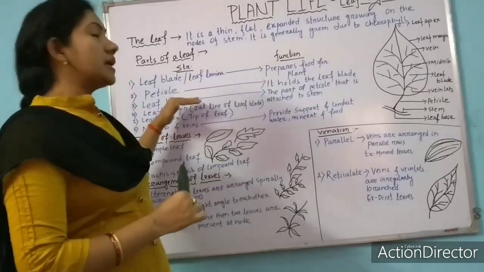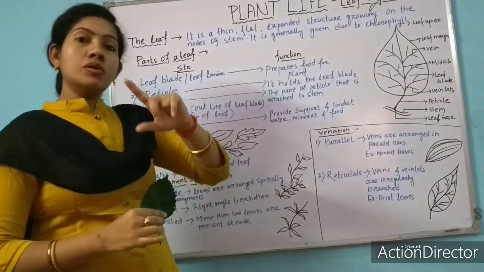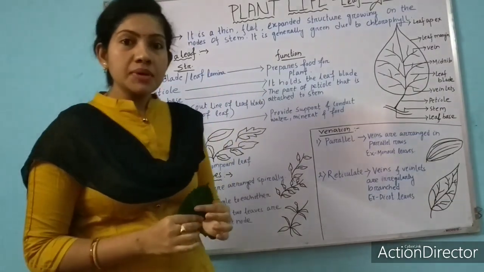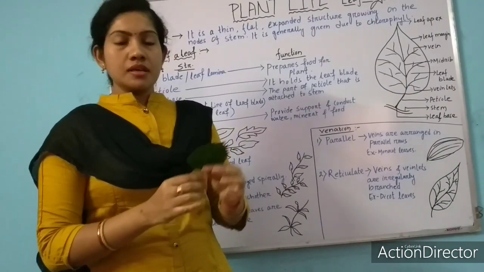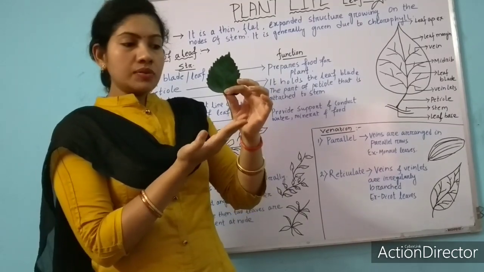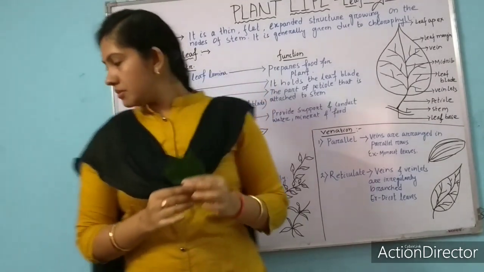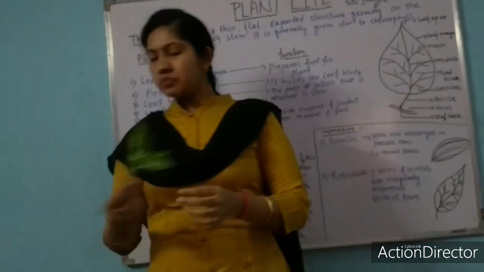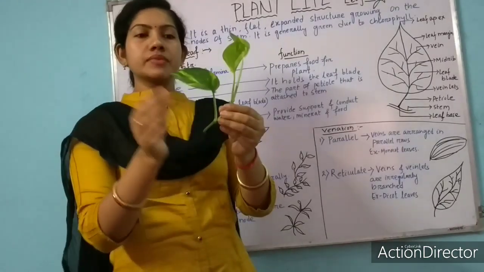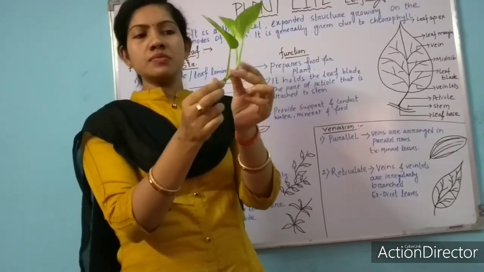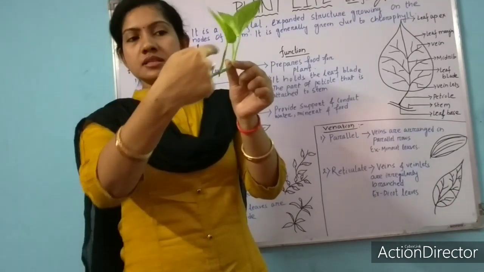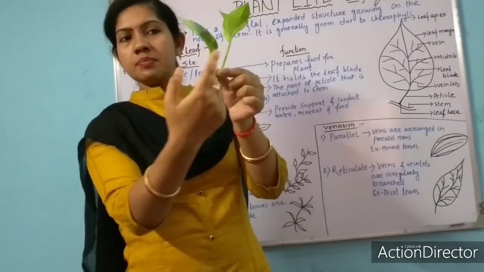Third, leaf base. This we have already discussed. What is leaf base? Leaf base means the base of the petiole which is attached to the stem. I can show you. Suppose we take this leaf. You can see this is the stem, this is the petiole, and this is the leaf blade.